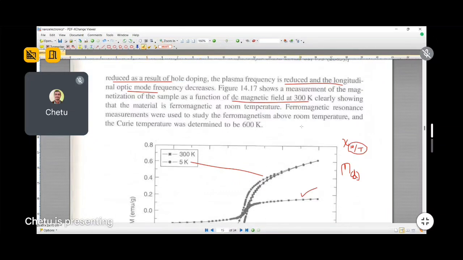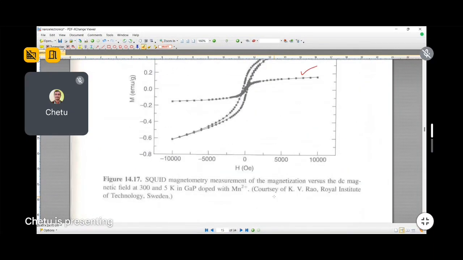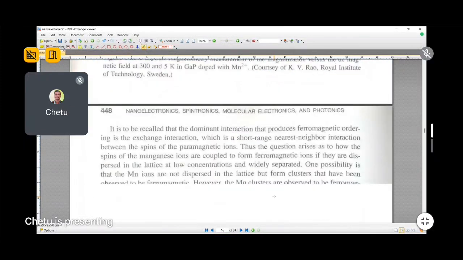So purity and ferromagnetic resonance show the material is ferromagnetic. At room temperature, ferromagnetic resonance measurements were used to study ferromagnetism above room temperature, and the Curie temperature was determined to be 600 K. So this material still shows magnetization, with a lesser effect, but the Tc is 600 K, meaning above 600 K it will lose its magnetic property.